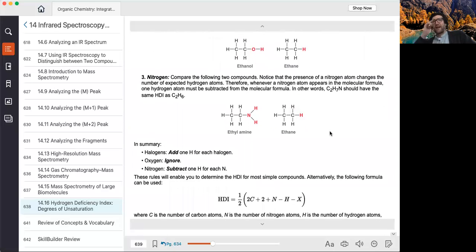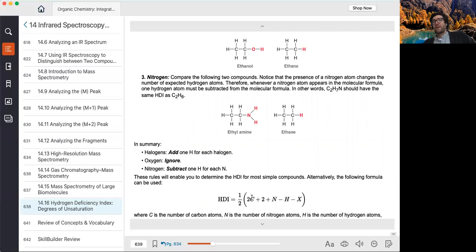Nitrogens, on the other hand, give an extra hydrogen. So before you subtract the hydrogens in our HDI calculation, you have to also add the number of nitrogens in the molecule. So like for this example, ethylamine, there are 2 carbons.